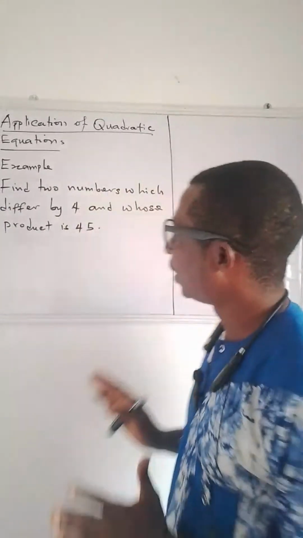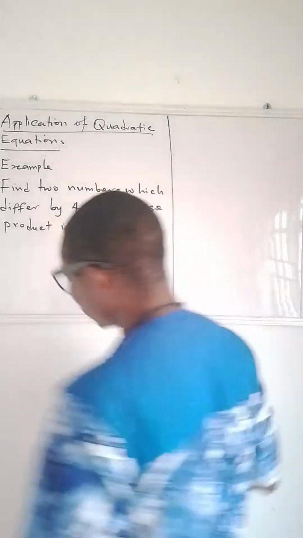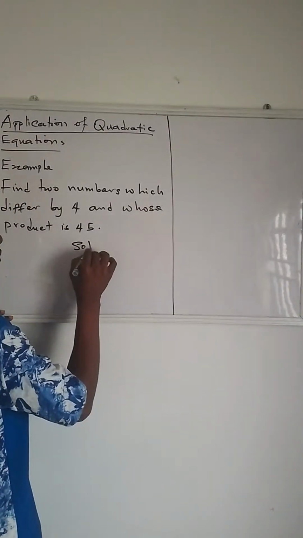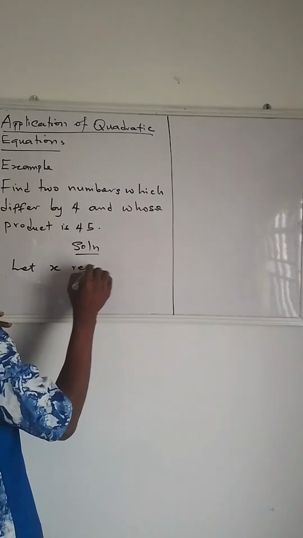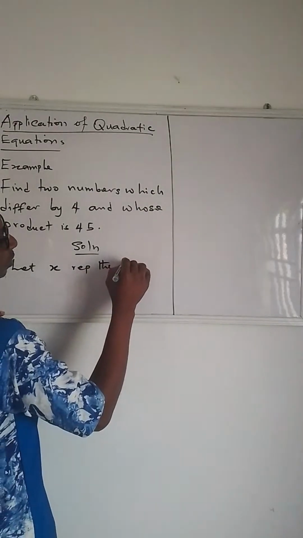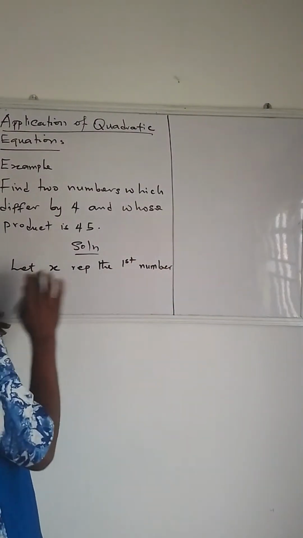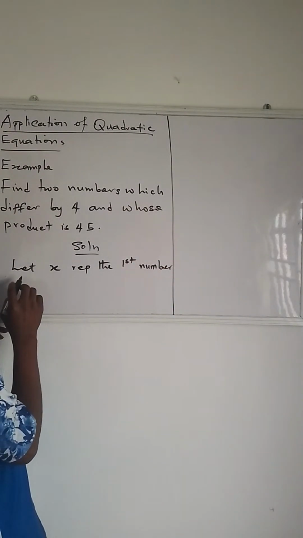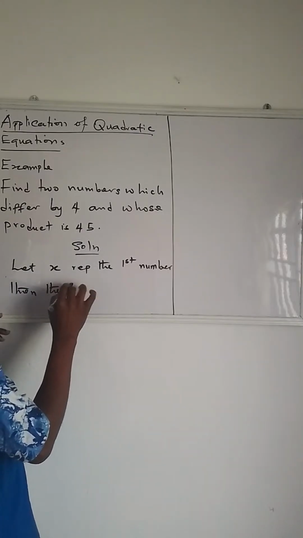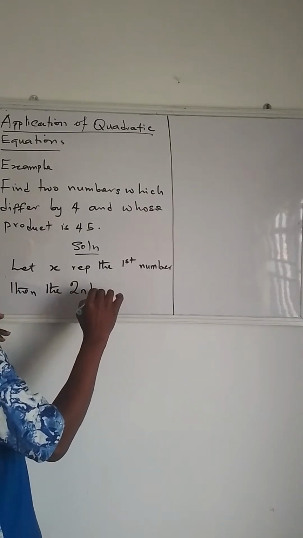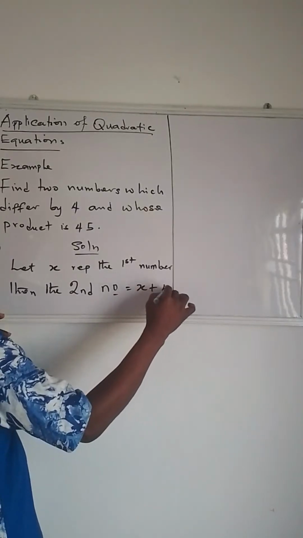Alright. So in that case, since we have two numbers that differ by 4, you start by saying, solution: let x represent the first number. So if x is the first number, then the second number will be equal to what? x plus 4.